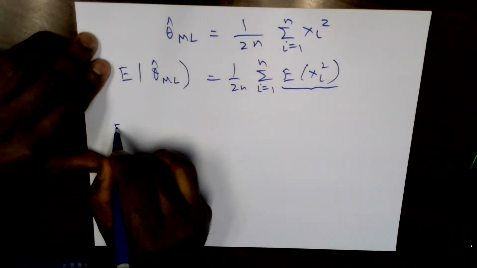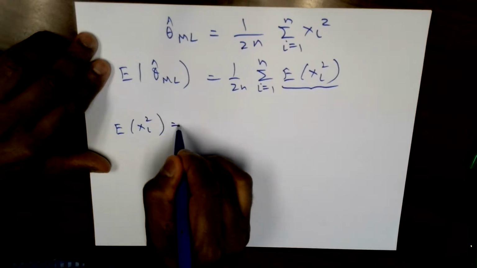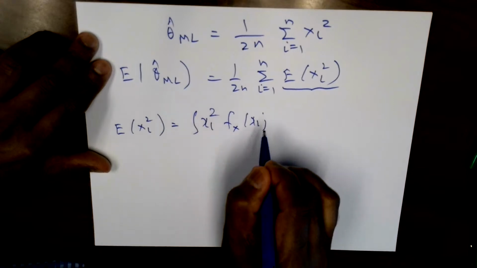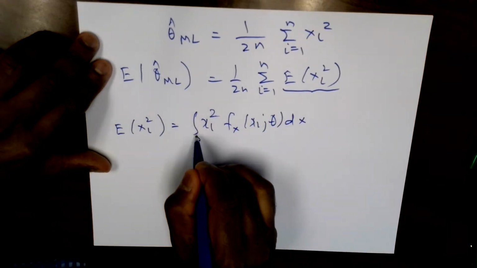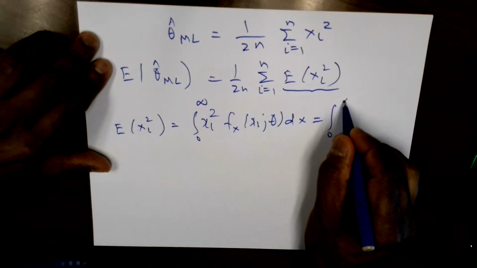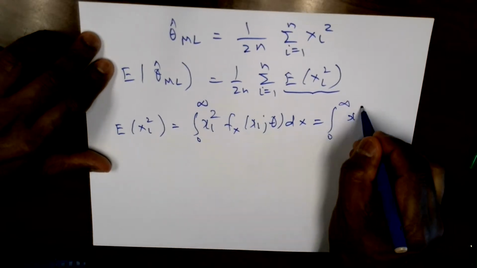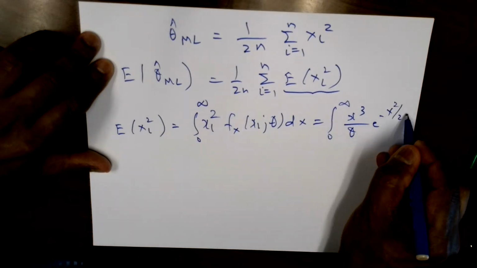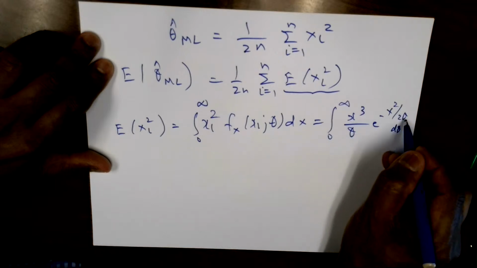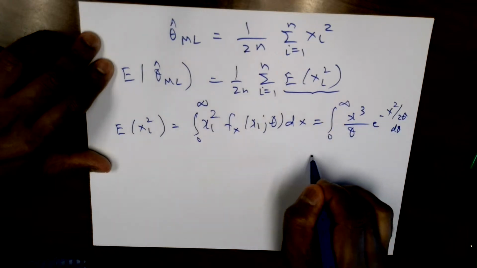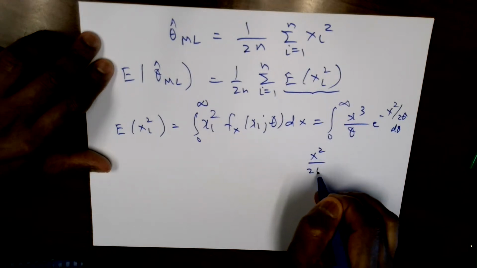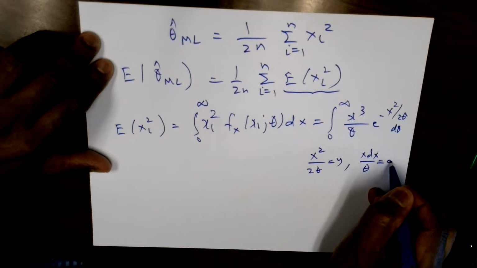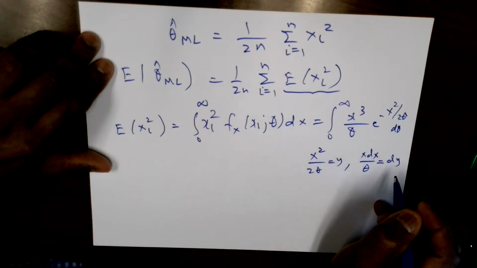So let's compute that quantity. Expected xi squared is integral of x squared f of x dx from 0 to infinity. So that's going to be, from the density function, 0 to infinity of x cubed over theta e raised to minus x squared over 2 theta dx. Instead of writing xi, I just wrote variable x. So let me substitute x squared over 2 theta to be y, so that x dx over theta becomes dy. 2 cancels.